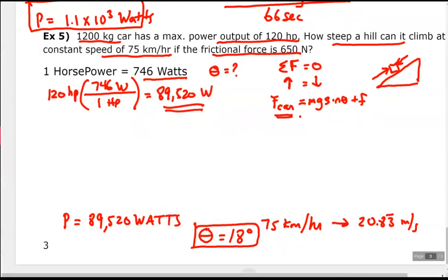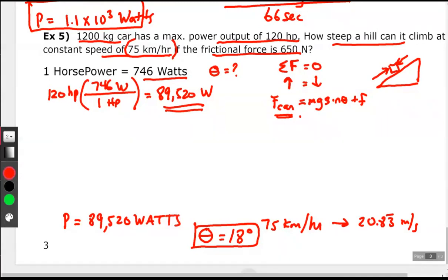So how does this work now? The power equation is W over T. Oh, and one more thing too. I forgot the kilometers here. Let me do the conversion on that so you can see what that looks like, even though we've done it quite a bit.